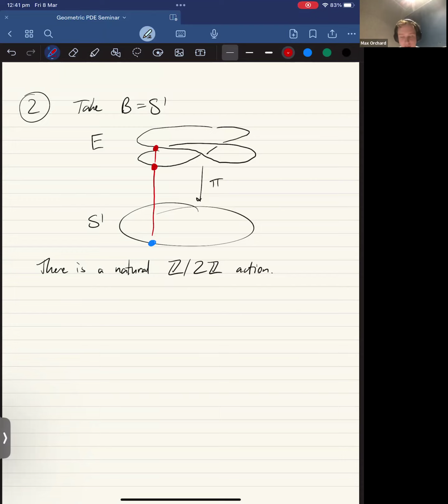And I'll give one more example. We are going to take the trivial bundle, R4 cross the circle, or U1. Now, this is a principal U1 bundle.